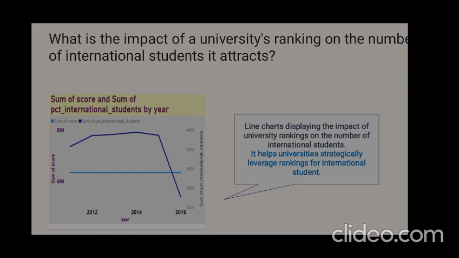Line charts displaying the impact of university ranking on the number of international students. It helps universities strategically leverage ranking for international students.